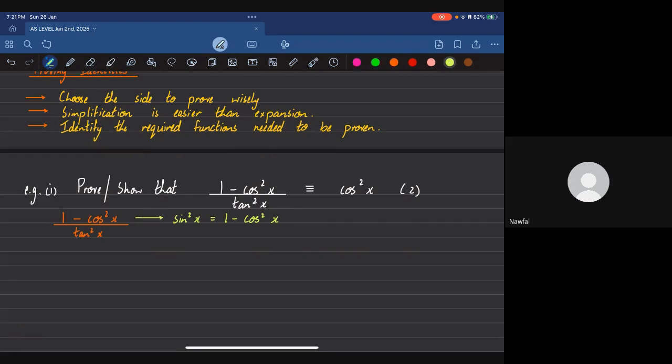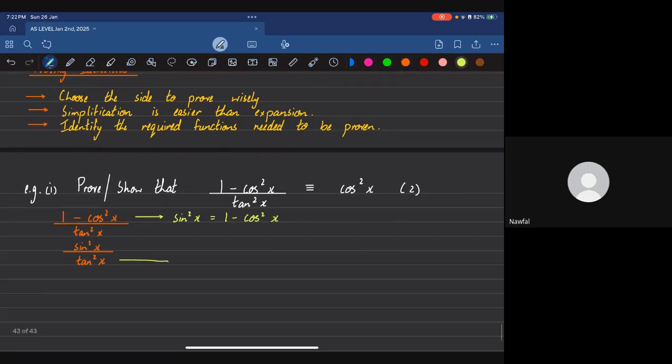So I can replace it. How? I can write this down as sine square x over tan square x. Secondly, I can also see this tan square x written over here, and I remember that tan x was equal to sine x over cos x.